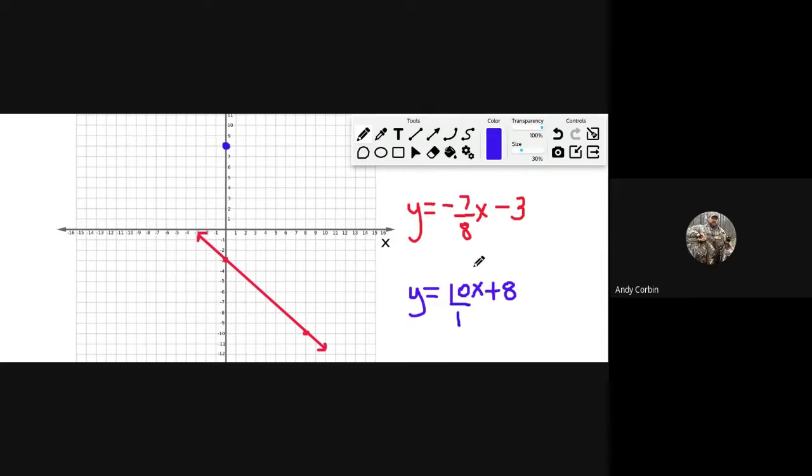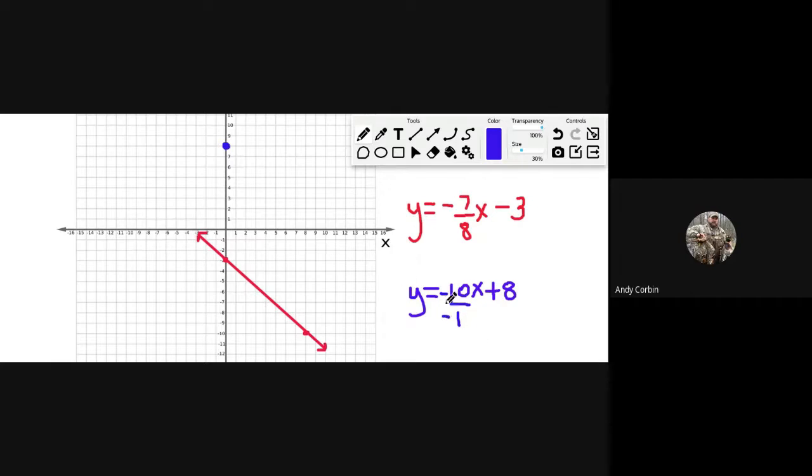This is +10 over +1, that's the rise over run. Does it change the value if I make it -10 over -1? Isn't a negative divided by negative still a positive? Yes, Mr. Corbin. A negative divided by negative is a positive.